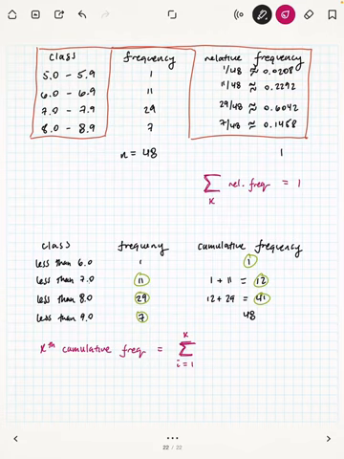So if we're looking at the third one, right, you add up frequency 1, 2, and 3. That's what this notation means, okay? It's the summation notation. As a reminder, summation notation is covered in the appendix. So if you're really confused about this, go ahead and take a look at that. But otherwise, this isn't an exactly necessary formula. It's just a way for us to represent it numerically.